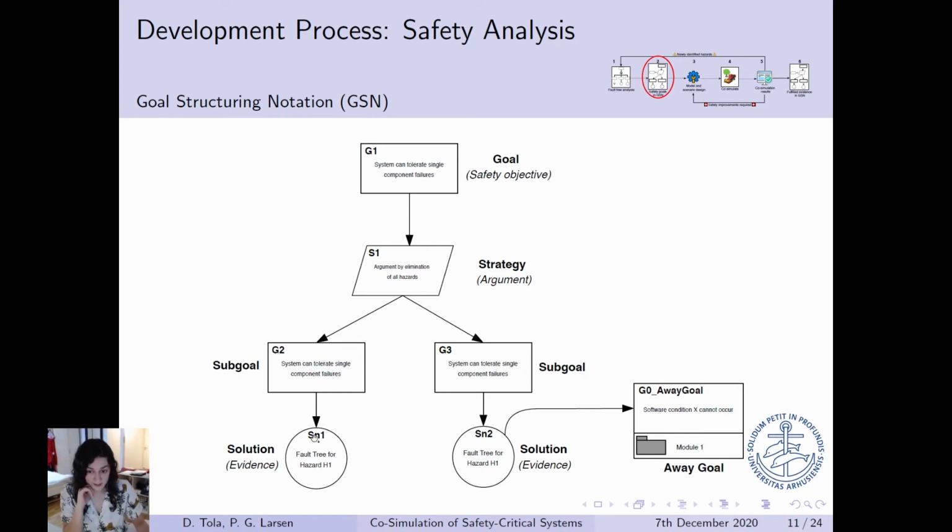And this is evidence, also called solution in GSN, and an away goal where we can refer to this, where we use the claims made in this away goal as part of the evidence that we have here. So if we have proved something here, then we can use it in this part, this solution.